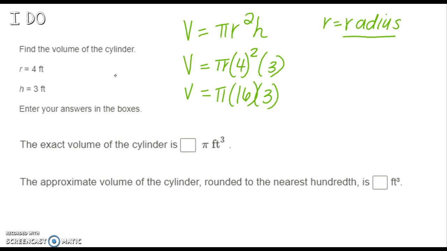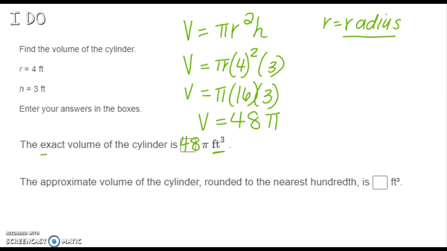You can use that online one I've given you all before. But let's go ahead and punch that in. So 16 times 3 is equal to 48. So our exact volume is 48 pi feet cubed.